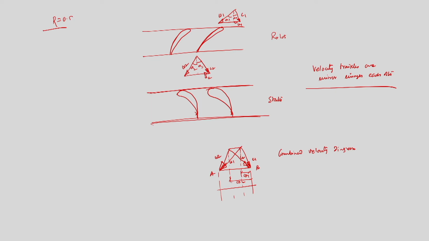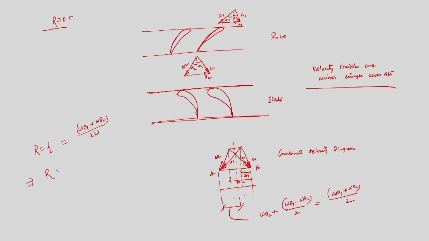This will be the component w theta 2 plus (w theta 1 minus w theta 2) divided by 2, that is equal to (w theta 1 plus w theta 2) divided by 2. So r is equal to half is equal to (w theta 1 plus w theta 2) divided by twice u.